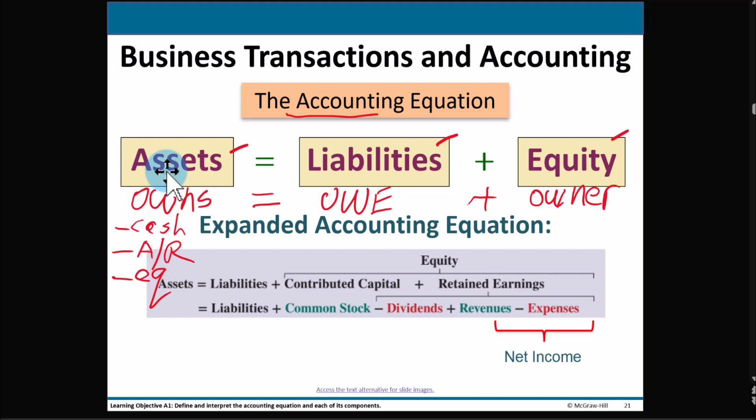And each type of asset has one account: a cash account, an accounts receivable account, equipment account, building account, land account. Now, in the case of liabilities, we have different types of liabilities. One of the main ones is called accounts payable.